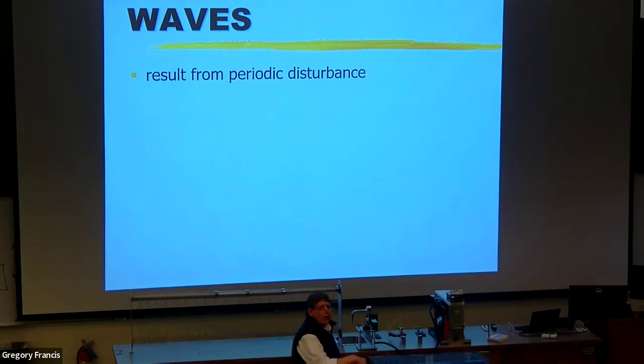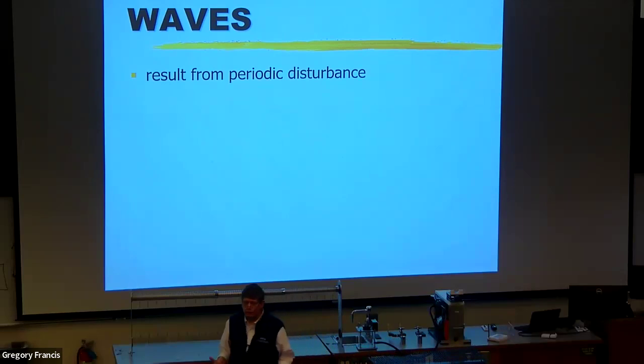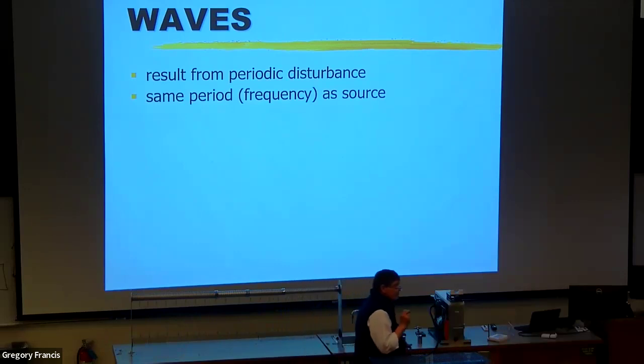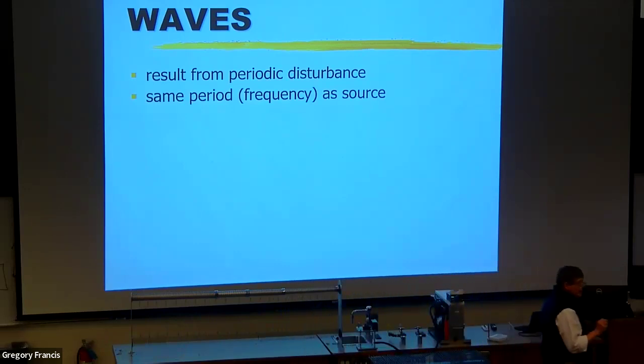But if I disturb it over and over again in a periodic way, namely the same period, I send a wave. Okay, and it goes down just like a wave in the ocean. Now, it turns out that the wave always, every single time, has the same frequency, the same timing as the disturbance that's causing it.